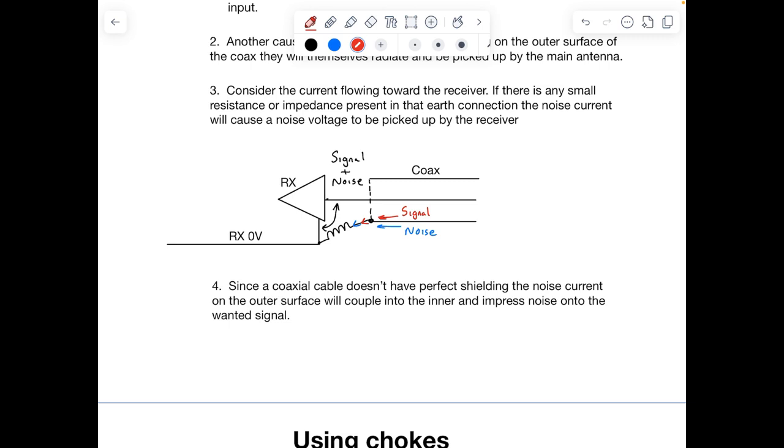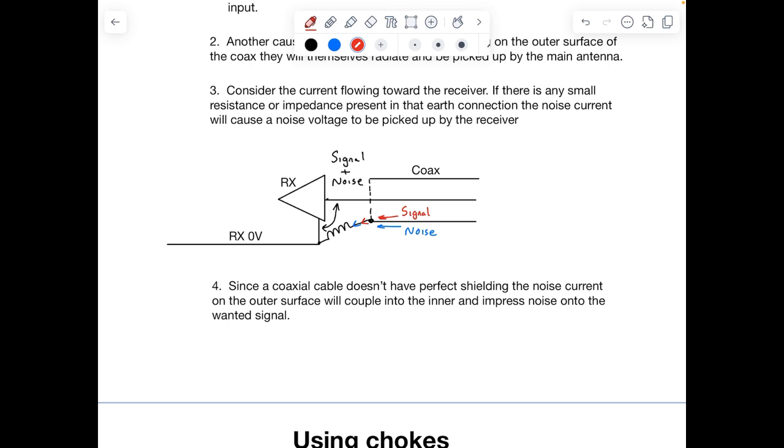The designers wouldn't naturally put any inductance, but of course it's difficult to get zero inductance and zero resistance. And if it's a sloppy pigtail end of a coax, then this is what would happen. So the noise effectively gets converted into a real signal, which the receiver cannot differentiate from the real signal, and unfortunately you see it on the output of your receiver. So that's the third mechanism.